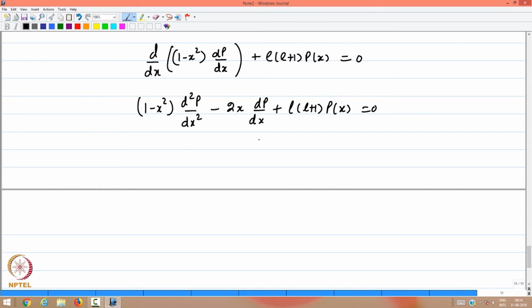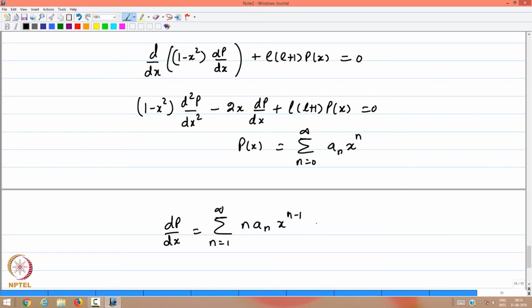Since p is already assumed to be this infinite series, which we will have to truncate later for finite solutions, dp by dx is of course the sum over n equal to 1 to infinity n a n x raised to n minus 1, and d square p by dx square is the sum n equal to 2 to infinity n into n minus 1 a n x raised to n minus 2.